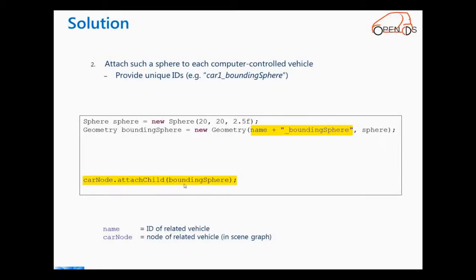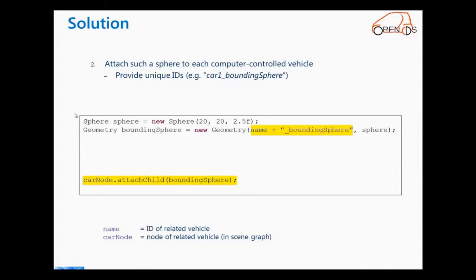And this is what we add to our car node. So what we have here is the generation of a sphere that we attach to the car node. That's why we have to place this code at the position where the cars are generated, in the constructor of the traffic cars.